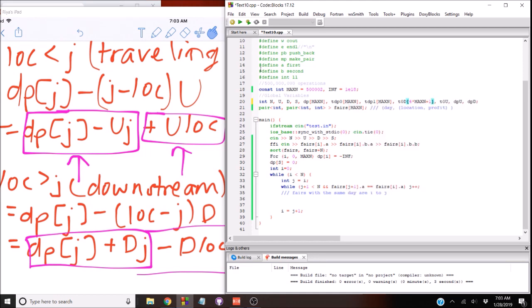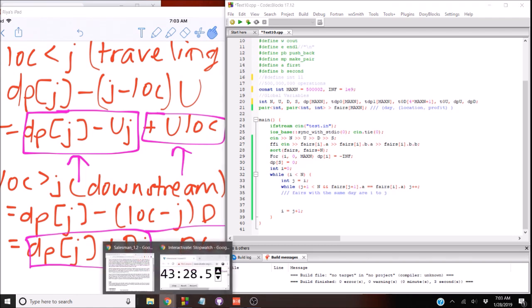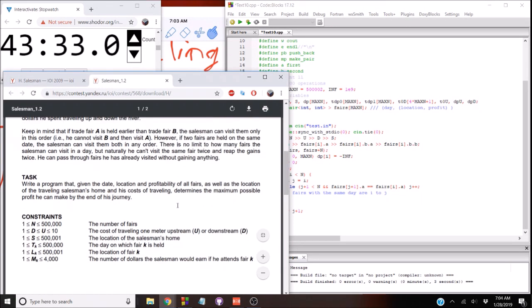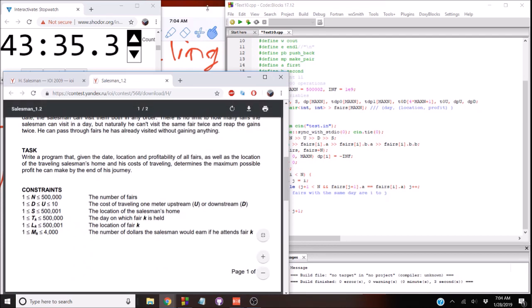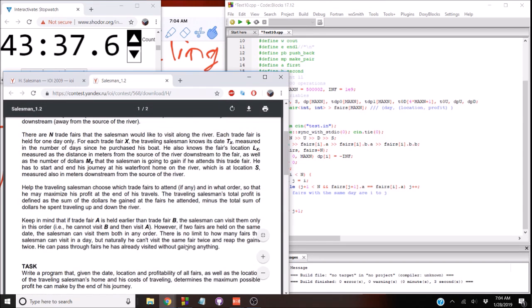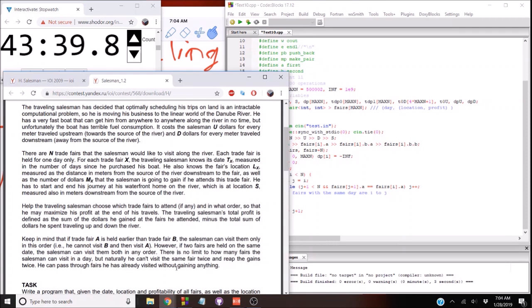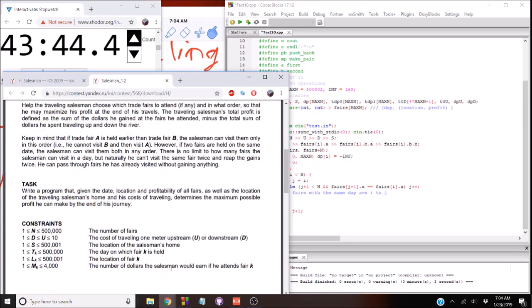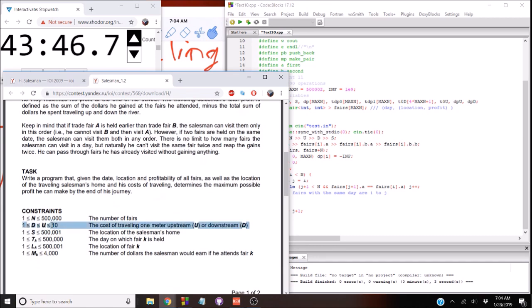Okay, I'm going to remove the long because I'm using a lot of memory already. Actually, is there a limit in the problem statement about how big I should make infinity? Okay, the cost of traveling is 10.